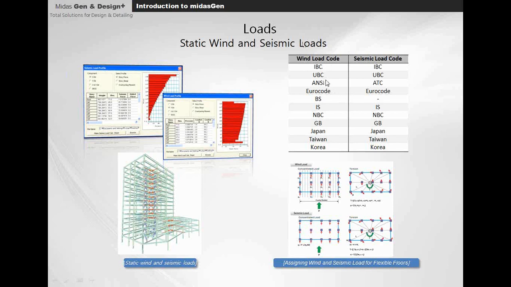Like for wind load, we have IBC, the UBC, the ANSI, the Eurocode, British codes, Indian codes, and the local Japanese, Taiwanese, and Korean codes as well. For seismic load, we have all of these codes except the BS, and in future versions of this, you can look forward to that being included. You can also import static wind and seismic load on flexible floors.